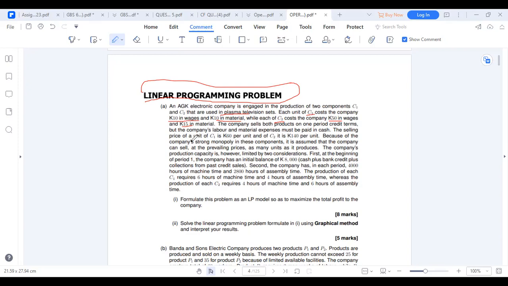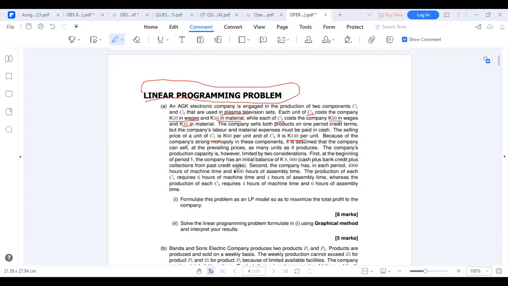The selling price of 1 unit of C1 is 60 kwacha, and then the selling price for C2 is 140 kwacha per unit. Now, because of the company's strong monopoly in these components, it is assumed that the company can sell at the prevailing prices as many units as it produces.